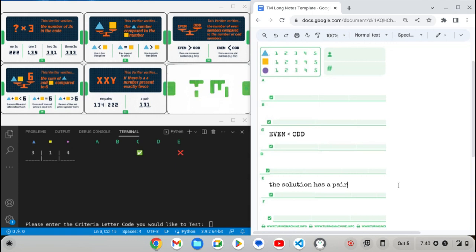So let's see. If we take a look at criteria card A, I don't think we could have 3 3s because that would not be a pair. That would have been a no pair under that definition. So we can't have 3, but we could have none, 1, or 2.